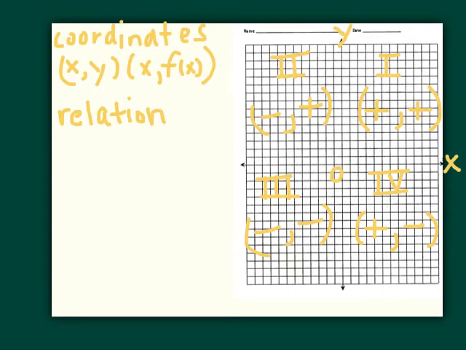These relations have certain domains, which is all the x values, and domains can be discrete. Discrete means it cannot be connected.